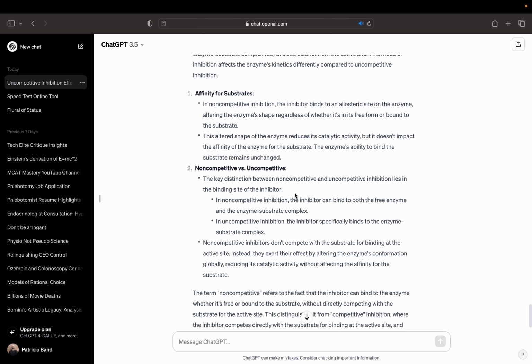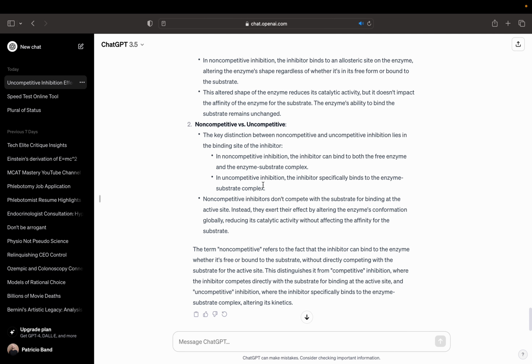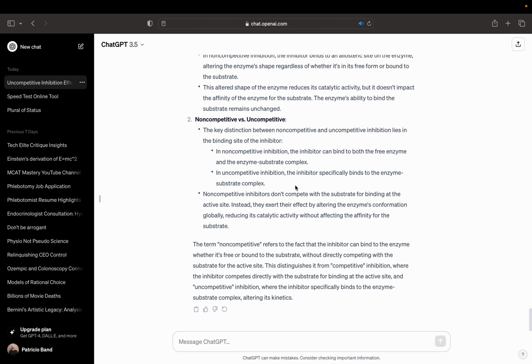The key distinction between non-competitive and uncompetitive inhibition lies in the binding site of the inhibitor. So in non-competitive, the inhibitor can bind to both the free enzyme and the enzyme substrate complex. But in uncompetitive, it only binds to the enzyme substrate complex. Non-competitive inhibitors don't compete with the substrate for binding at the active site.